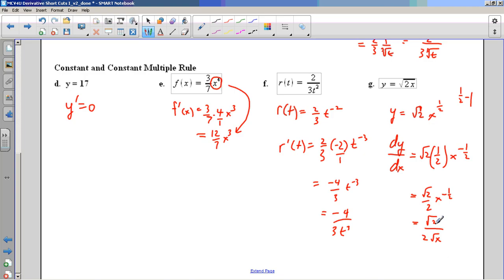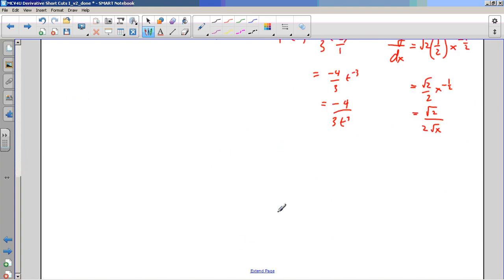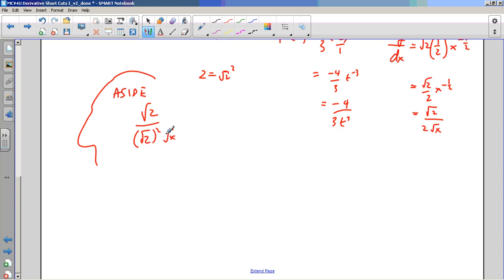There's probably some more creative stuff that you could do here. For instance, and this is not for the faint of heart, so be careful here. Here's an aside. We know that we got root 2, and 2 is actually root 2 squared, right? So if I wanted to write 2 as root 2 squared, and I'm just going to write that square root of x down there, well, what do I got? I got 1 on the top, 2 on the bottom. I could cancel 1 out, and I could write this as root 2 and root x.